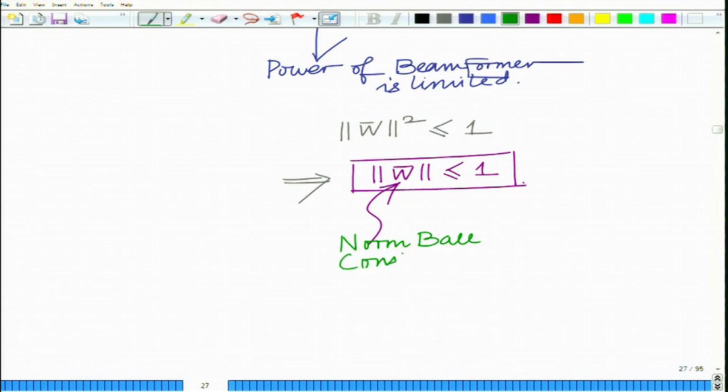This beamformer power constraint is basically nothing but a norm ball or a Euclidean ball constraint.